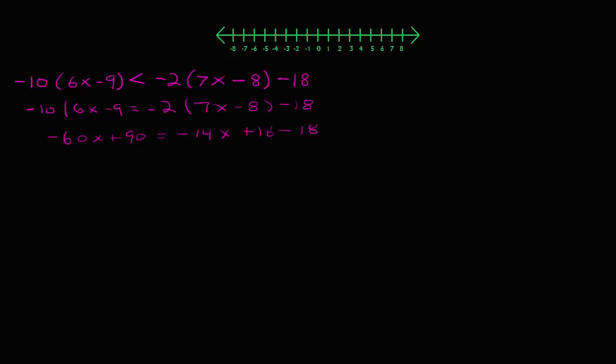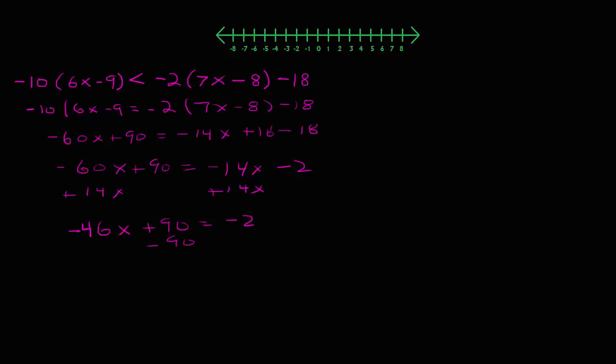Combine our like terms: negative 60x plus 90 equals negative 14x minus 2. Bring the variable to one side, add 14x to both sides, and we end up with negative 46x plus 90 equals negative 2.